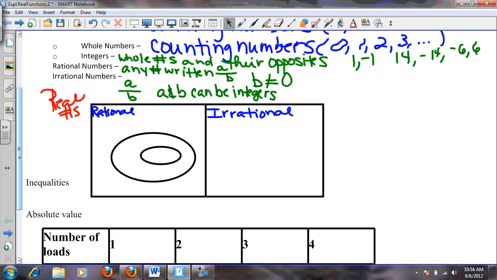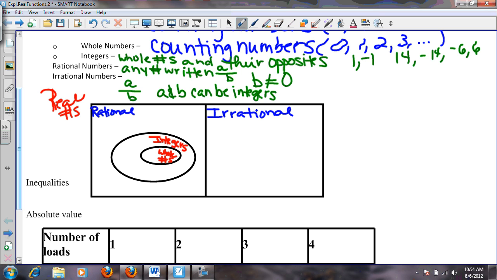Within the rational category, we have two other categories. You have integers and whole numbers. If you would like, you could put some examples. This chart is duplicated on page 18 in your textbook.